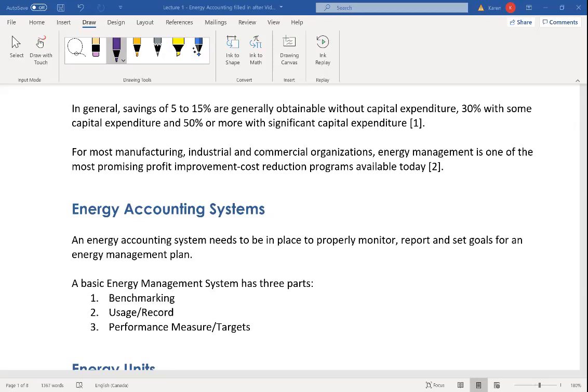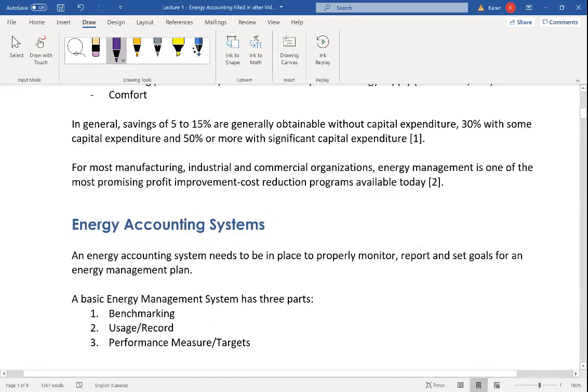So, an energy accounting system is used for this. The energy accounting system does three things. First, you benchmark. Benchmark means how much energy are you using right now? And then you make some energy management opportunities happen and you record how well you did.